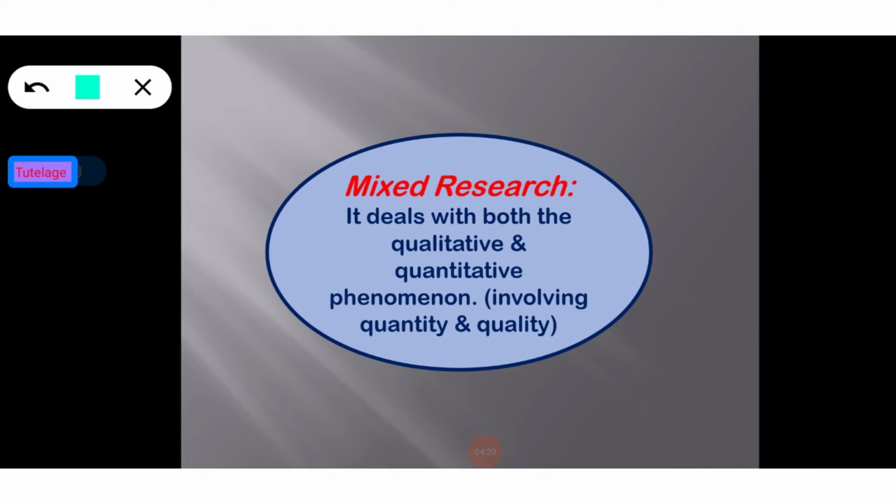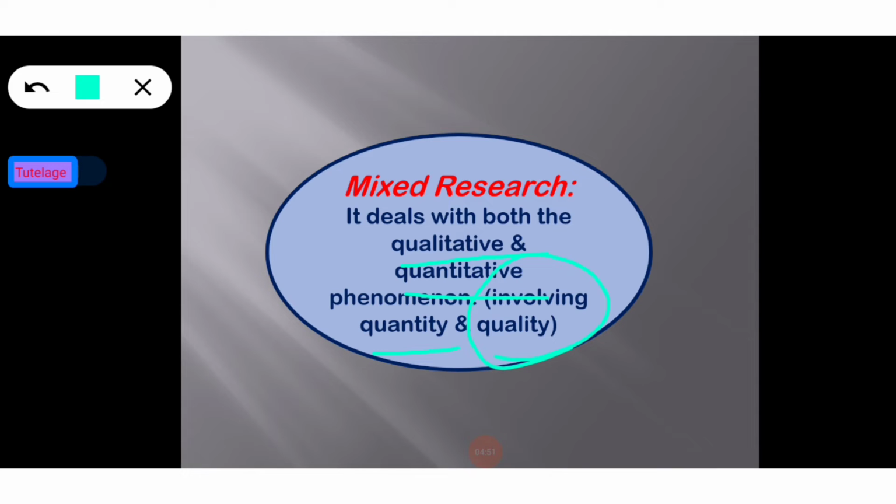Mixed research basically deals with both qualitative and quantitative phenomenon. It involves quantity as well as quality. So there can be studies where both the quantitative and qualitative aspects are being analyzed in the same study. Sometimes qualitative research can have some quantitative elements that can be tested with statistical techniques or vice versa.